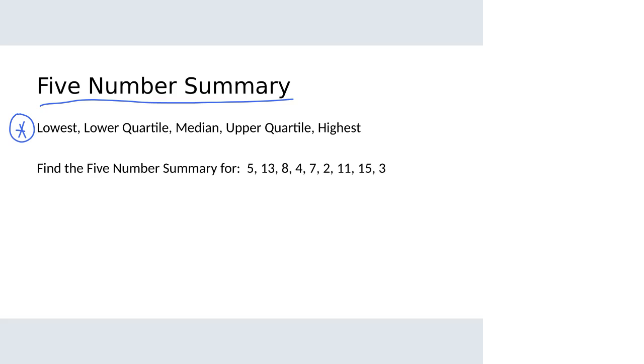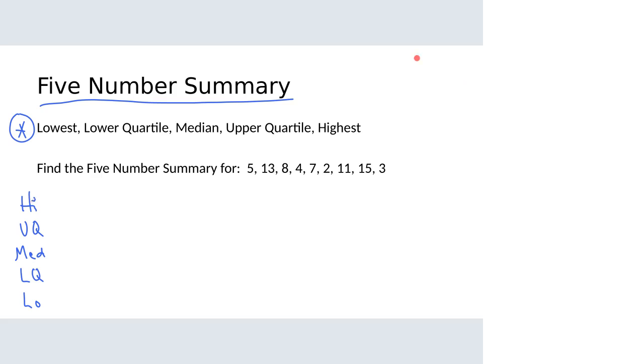They essentially cut it into 4 equal parts for us. So those are the 5 numbers we're looking for when we're after a 5-number summary.